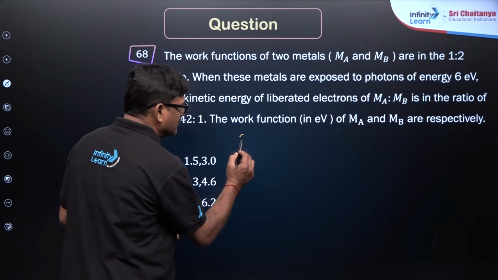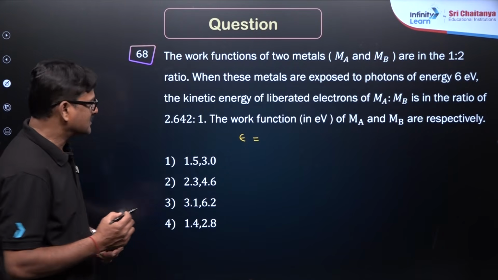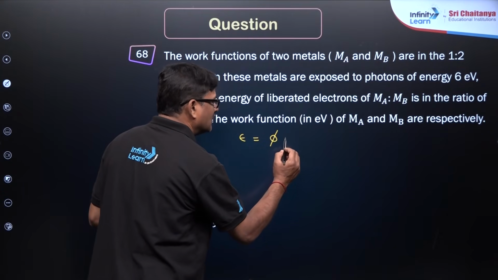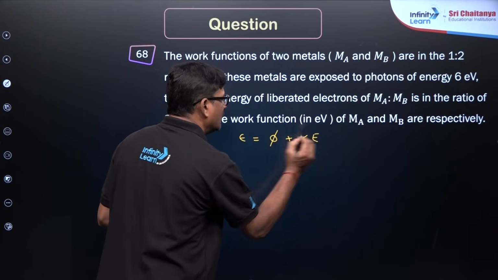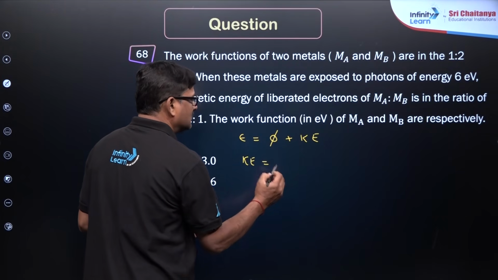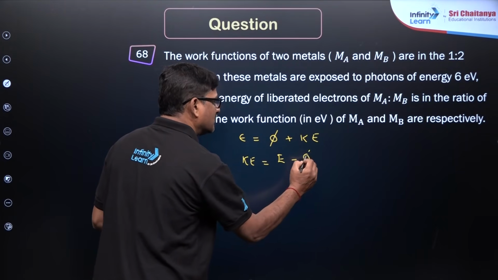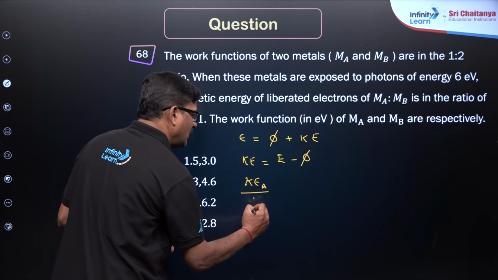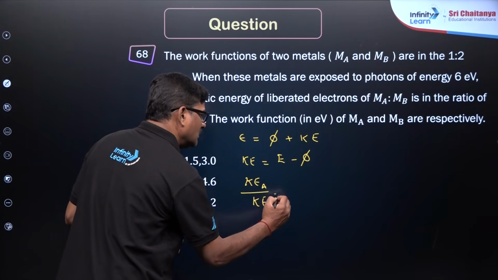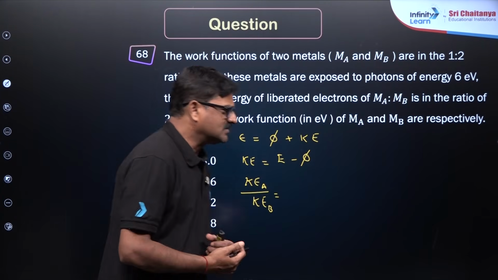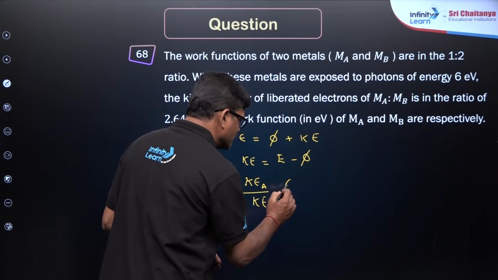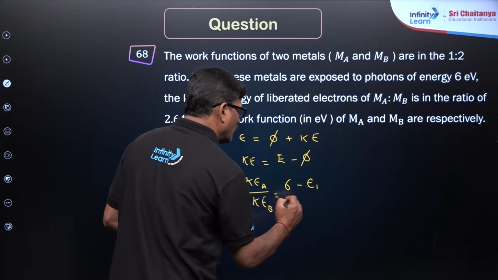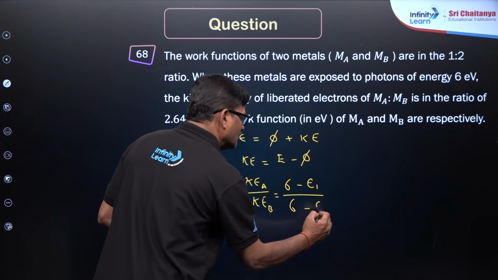So according to Einstein's photoelectric equation, the energy of the incident photon is going to be work function plus KE. So the KE is the energy minus the work function. So I can say KE of A and KE of B is equal to 6 minus the work functions, which are going to be 1 and 2.